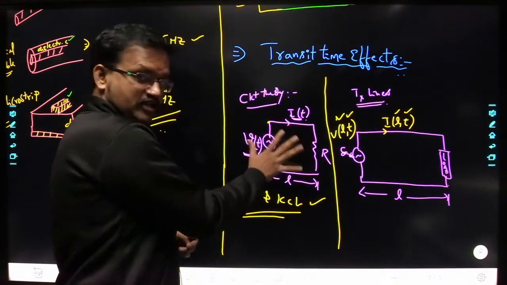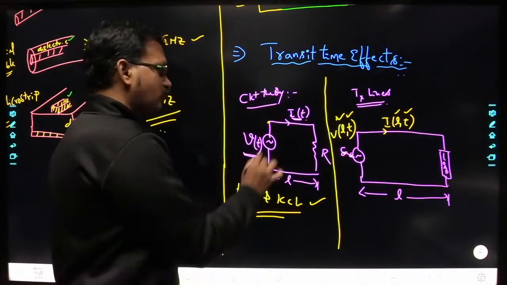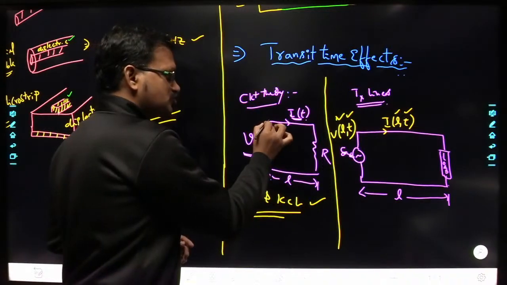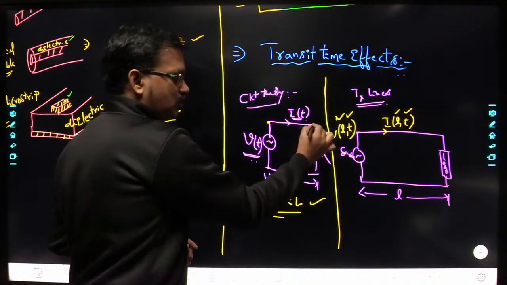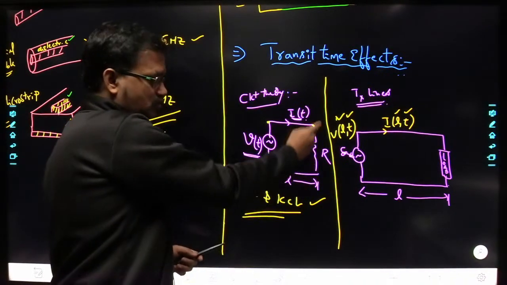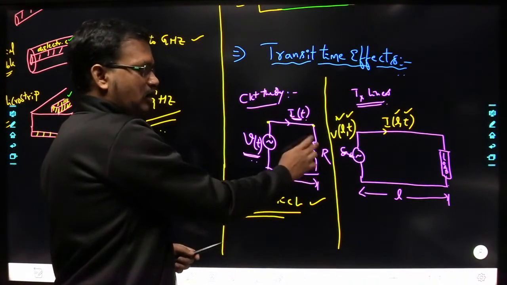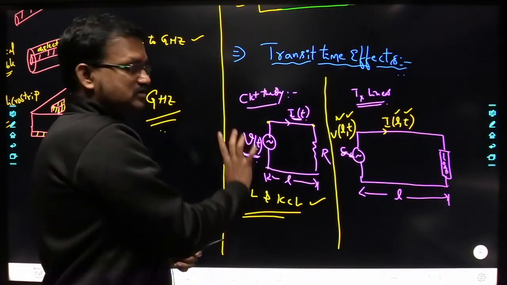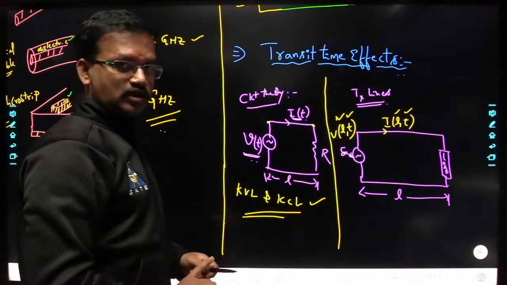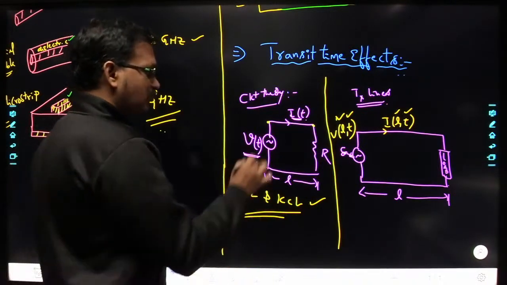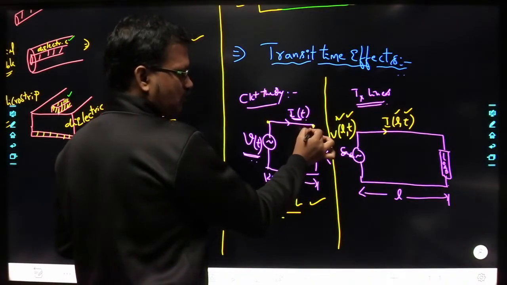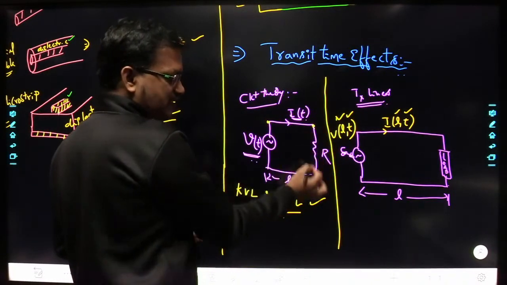For this loop, at any instant of time, the voltage at the source will be equal to the voltage at the load. The voltage across the resistance R will be the same as the voltage at the source.